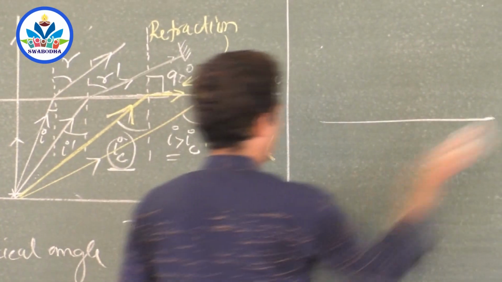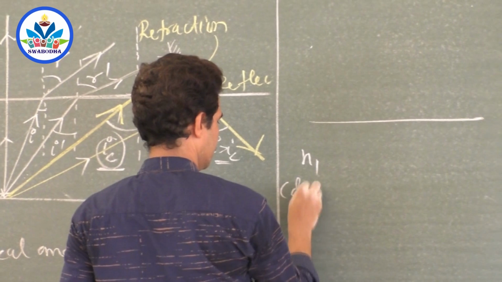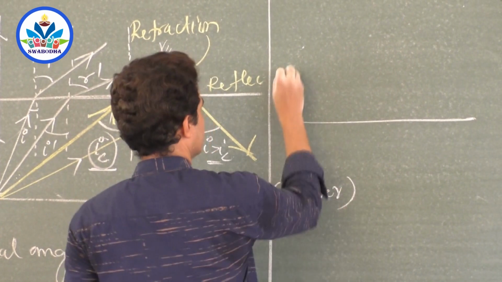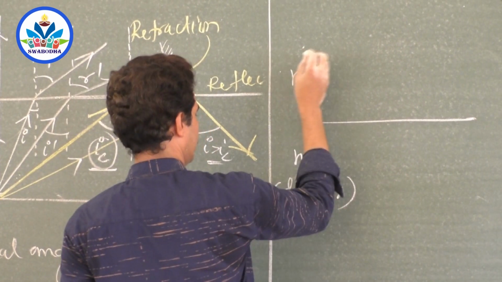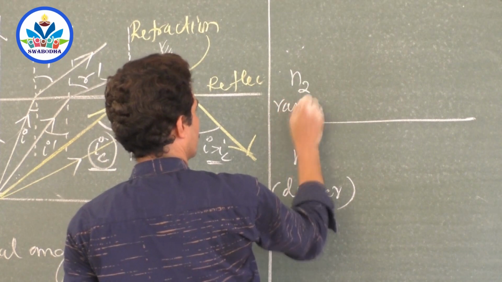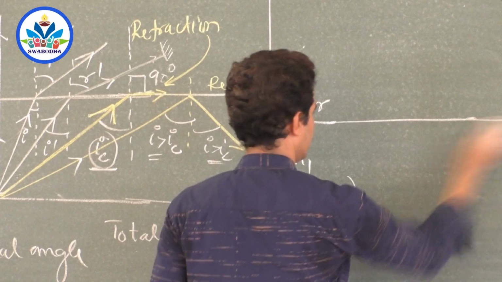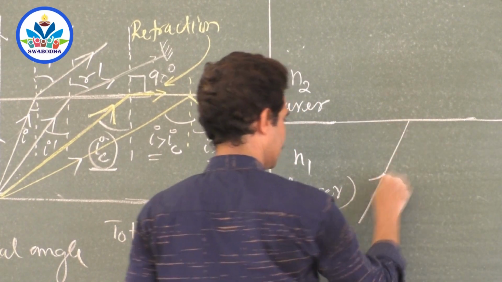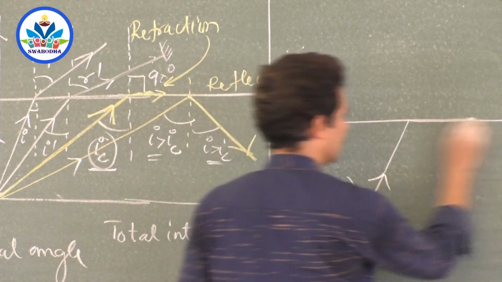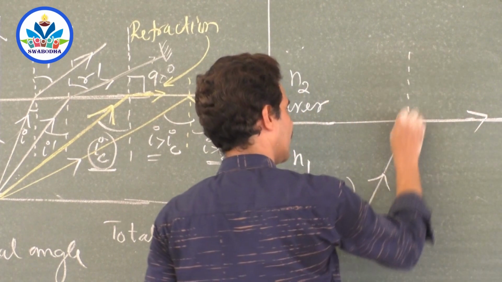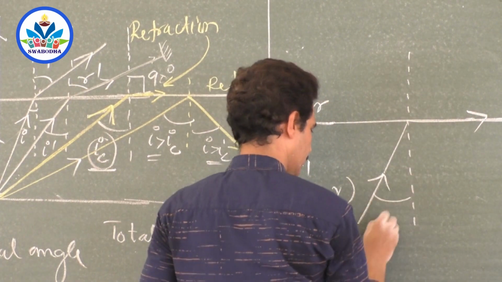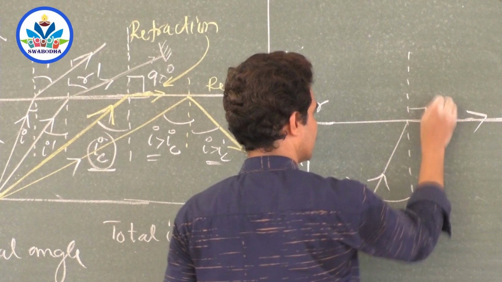There were two media, one denser and another rarer, and they were living happily. And once a ray of light came to the denser medium and started moving towards the rarer medium like this, and that was incident at an angle called the critical angle, for which the angle of refraction is 90 degrees.